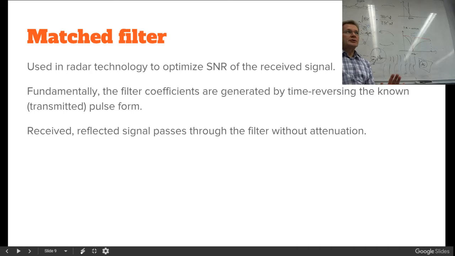You do not need to make the perfect transmitter, you just need to measure the transmitted pulse. Okay. So the received reflected signal passes through the filter without attenuation. What is attenuation on everything else? Well, heaven knows.